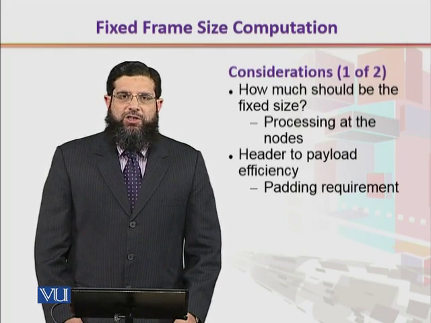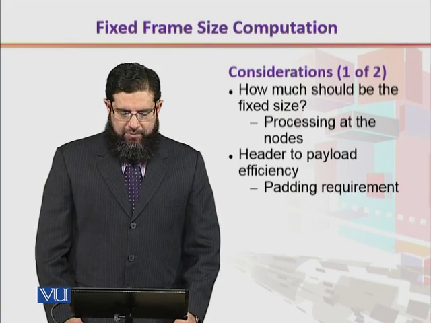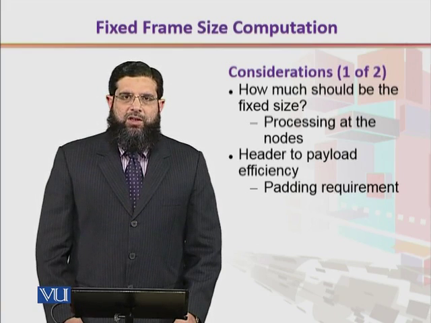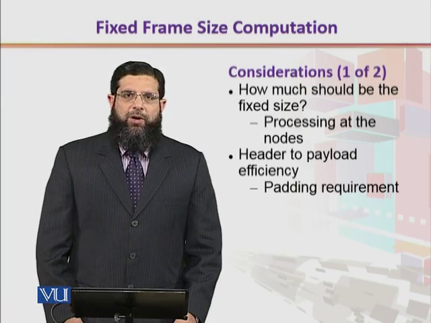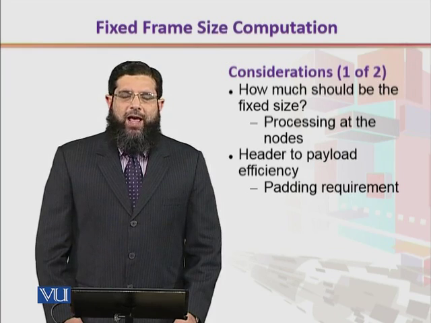Some of the important considerations to determine a fixed size of the frame for a given network are: for longer frames, the processing per frame is going to be less because the header would have a payload that is very, very large.